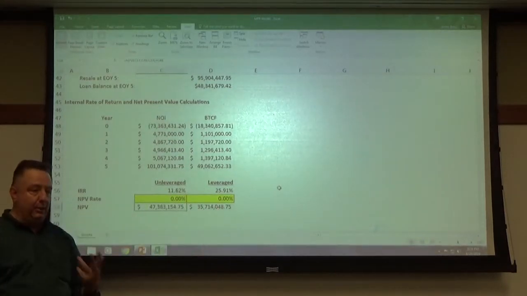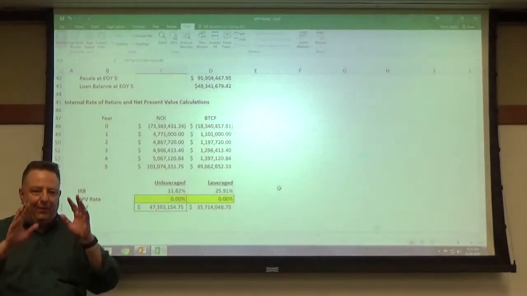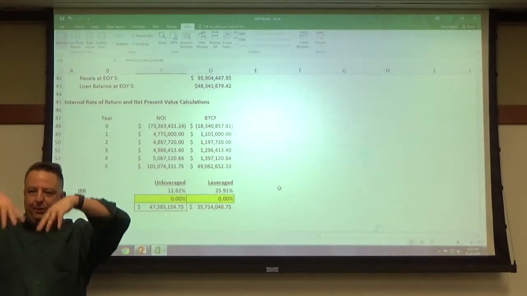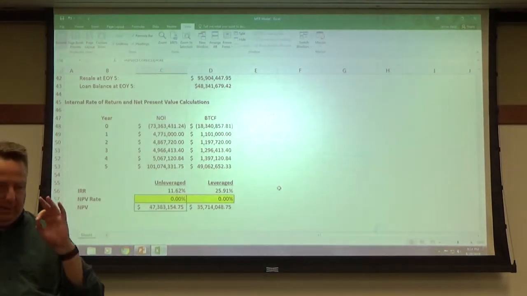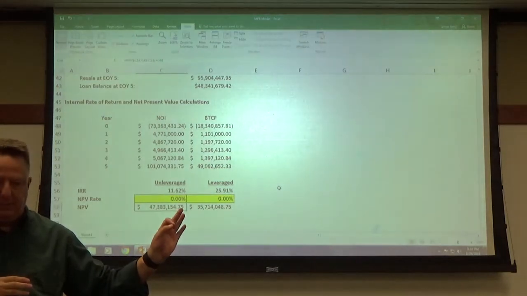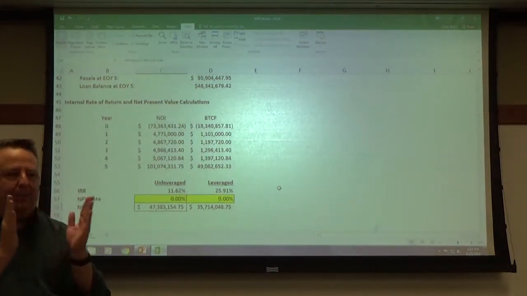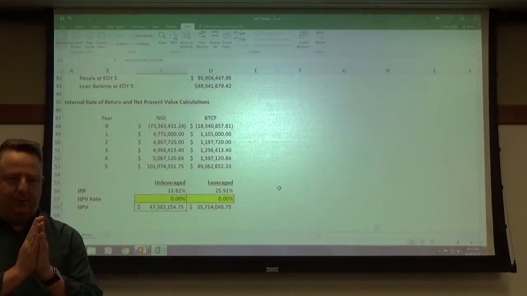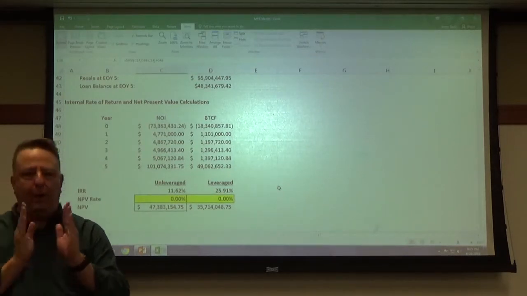We basically put in 25% equity, yes? Okay, now this is the part that's going to blow your mind. Everybody agree that 25% equity is what it was on this property, yes? Okay. With 25% equity, now try to focus just for 2 minutes, okay? What could we do?